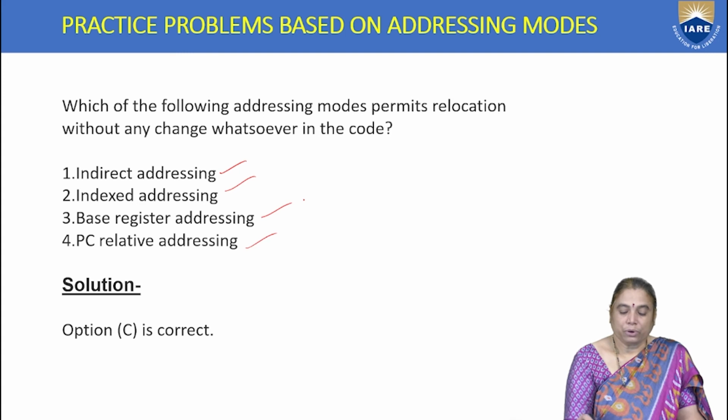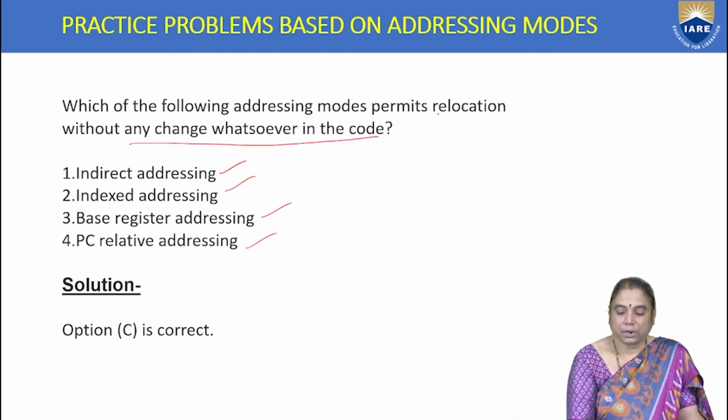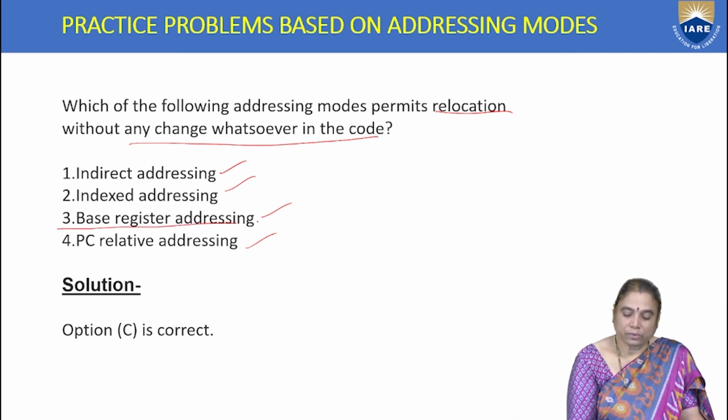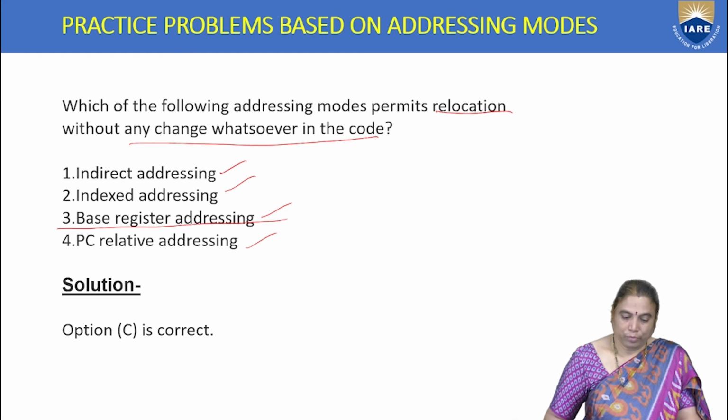Without any change in the code, relocation has to be supported, so it is the base register addressing. Like this, in various competition exams, the high level constructs generally used for these addressing modes and the way the addressing modes are represented have to be matched.